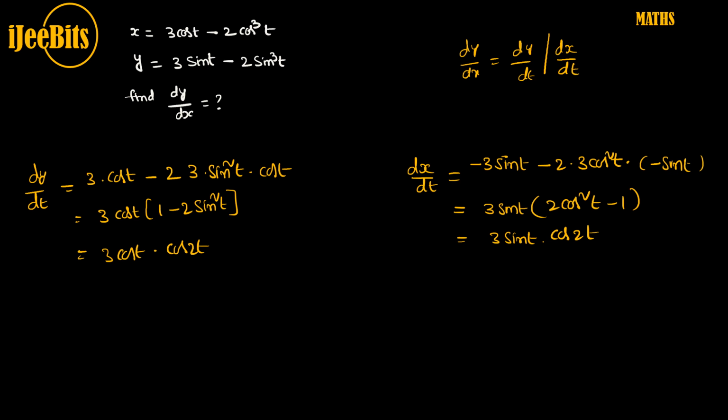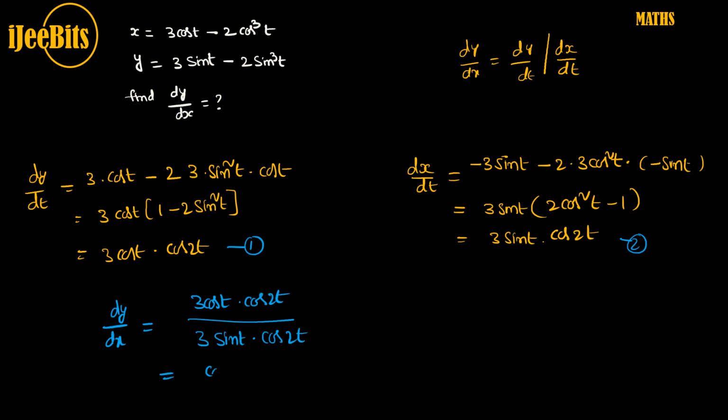So what would be the final? dy by dx is what you are going to solve. So now it's straightforward. dy by dx equal to the first equation divided by the second equation, correct? So 3 cos t cos 2t divided by 3 sin t cos 2t. So what is remaining?